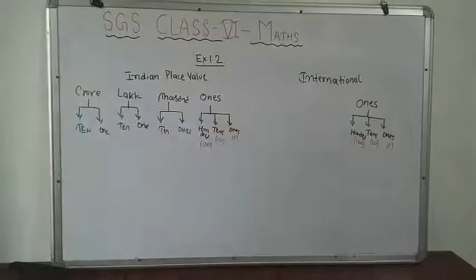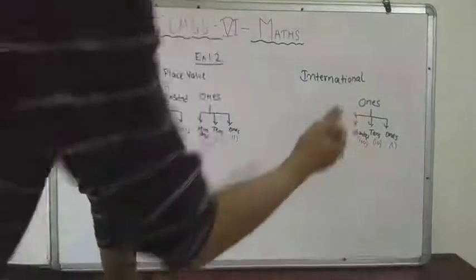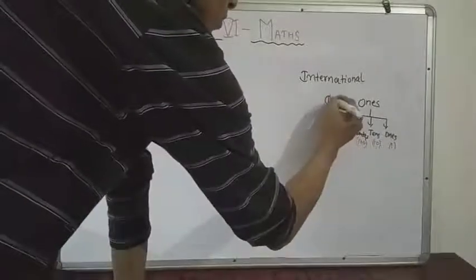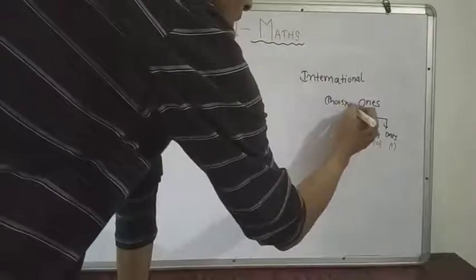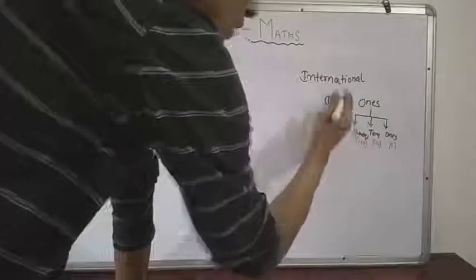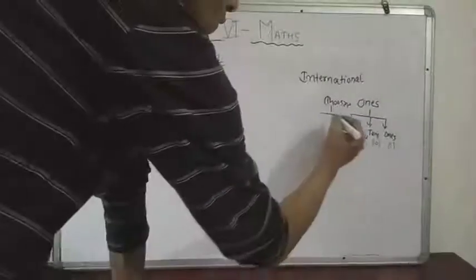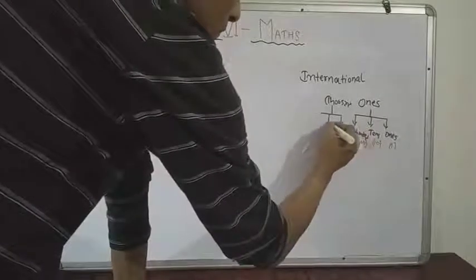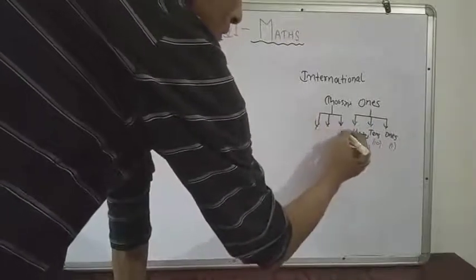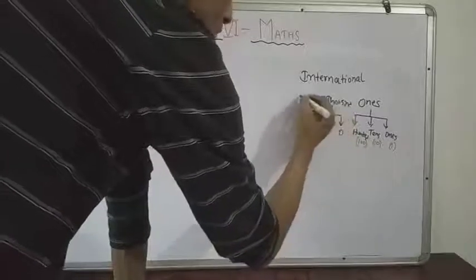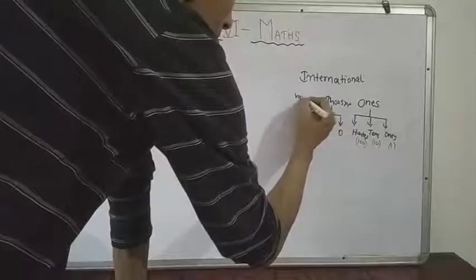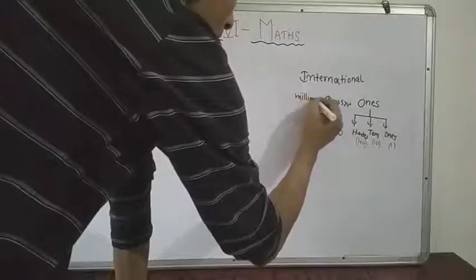But in the international place value chart, after ones comes thousands, same as the Indian place value chart. But here is the difference. In the international place value chart, it is divided into 3 categories: ones, tens, and hundreds. After thousands, the next place is called million.